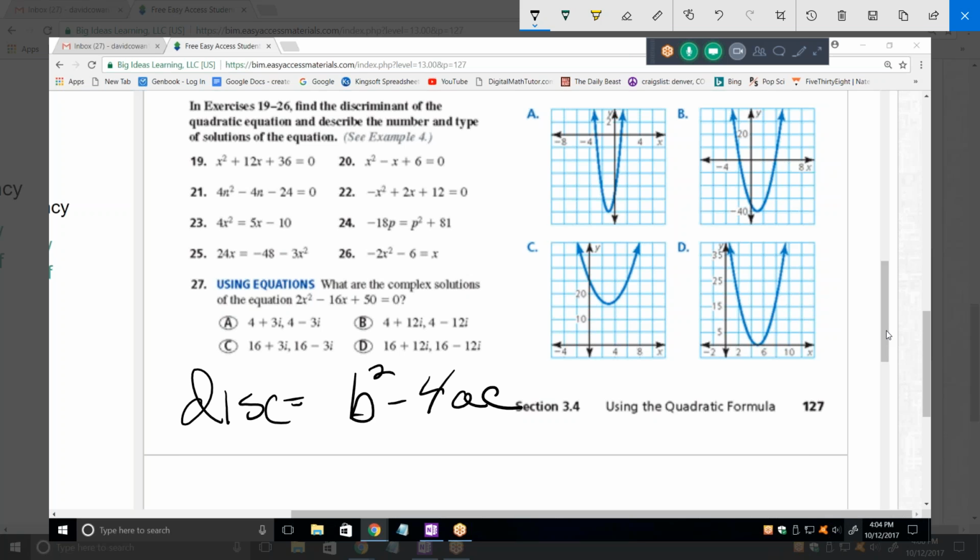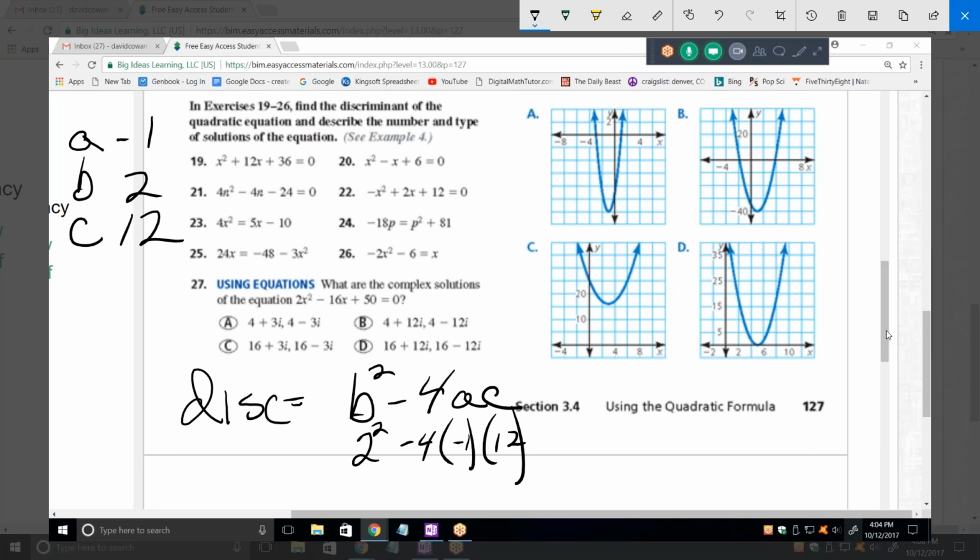So with 22, tell me what A, B, and C are. A is -1, B is 2, and C is 12. Now tell me what the discriminant is. So 2 squared minus 4 times -1 times 12. So that's 4. 4 minus -4 times -1 is plus 4.